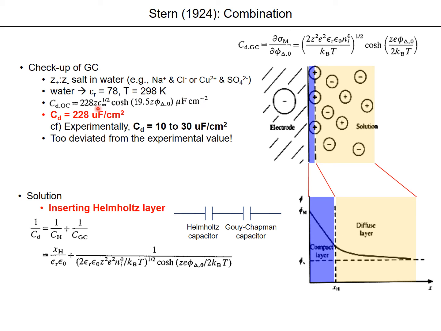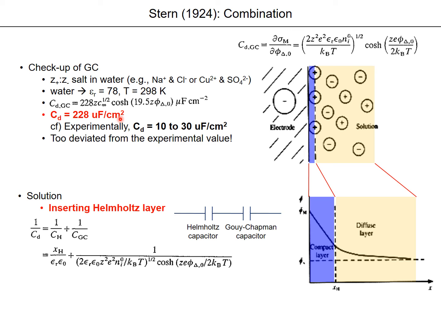If Z is plus 1 or minus 1, using 1 molar concentration and at 1 volt, the capacitance value is 228 microfarad per centimeter squared.